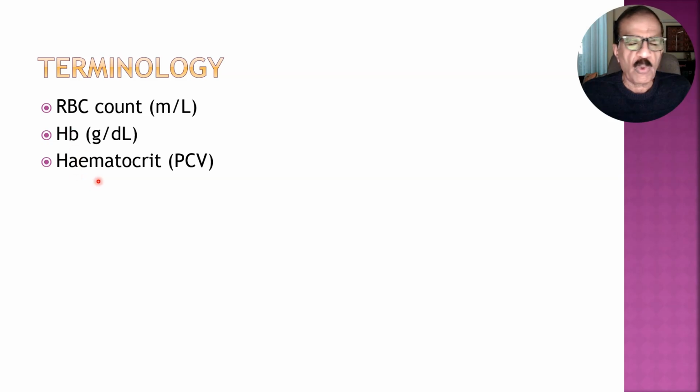Hemoglobin and hematocrit both measure the amount of HB packed in cells, but this is the packed cell volume. So this would actually measure the total volume of RBCs. And both correlate: approximately 3 times hemoglobin is the hematocrit. But in some cases, there may be a slight difference. So both actually give you the same information.